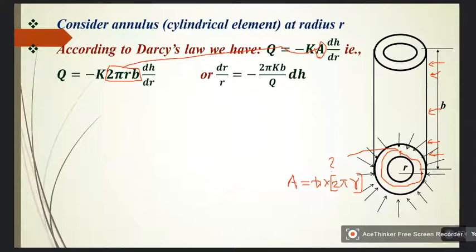So Q is equal to minus K 2 pi r B dH by dr. Simplifying this, we will get dH by dr is equal to this.